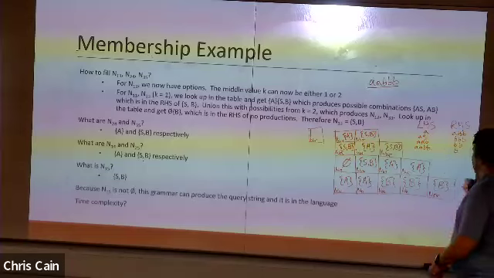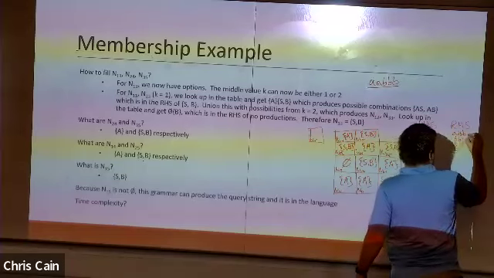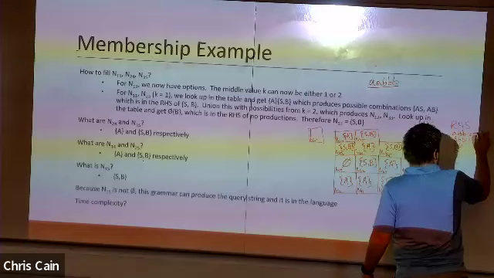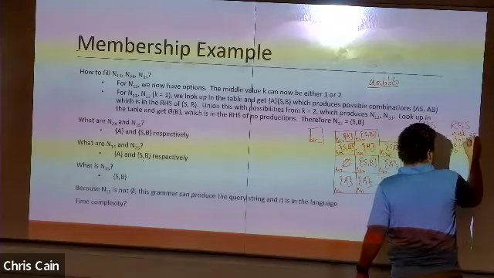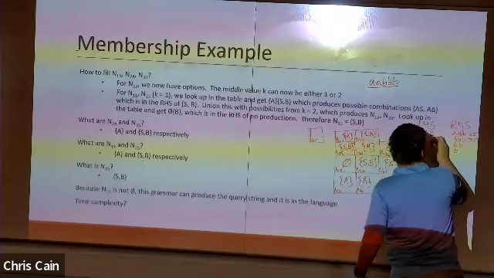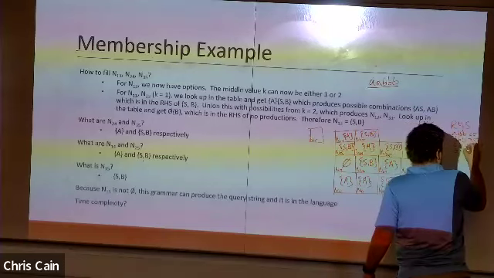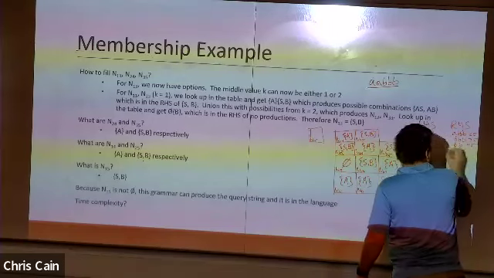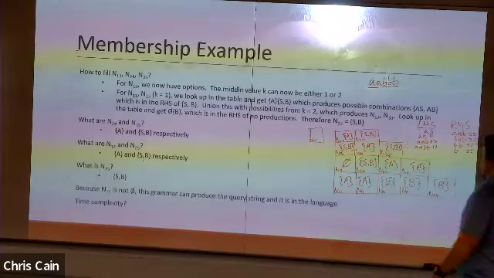We have 1, 1 and 2, 5. We have 1, 2, and 3, 5. We have 1, 3, and 4, 5, and we have 1, 4, and 5, 5. So these are the important cells to look up, right?